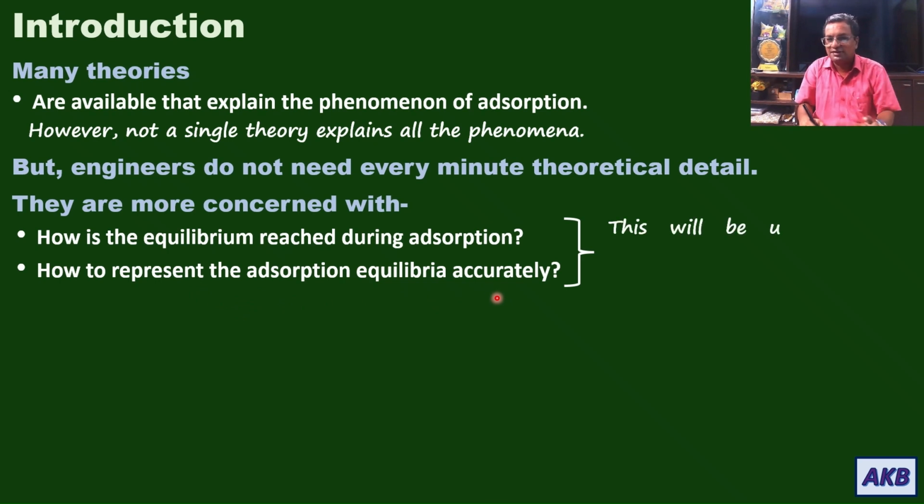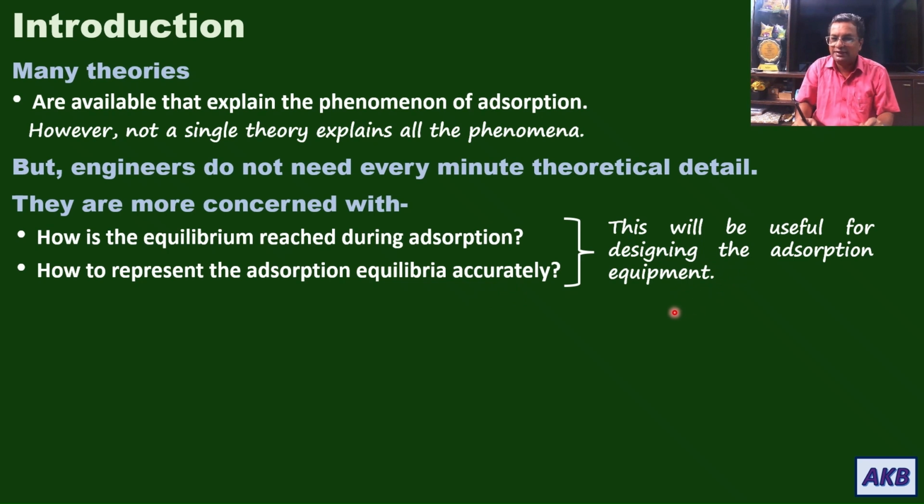Because this will be useful for designing the adsorption equipment. If engineers know how equilibrium is reached during adsorption and how to represent the adsorption equilibria, they can use this for designing the adsorption equipment. They do not need every minute theoretical detail of adsorption.